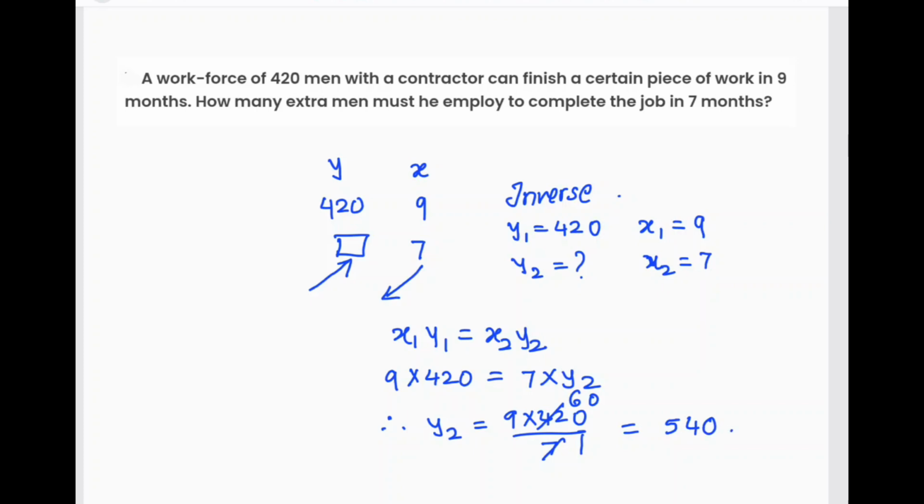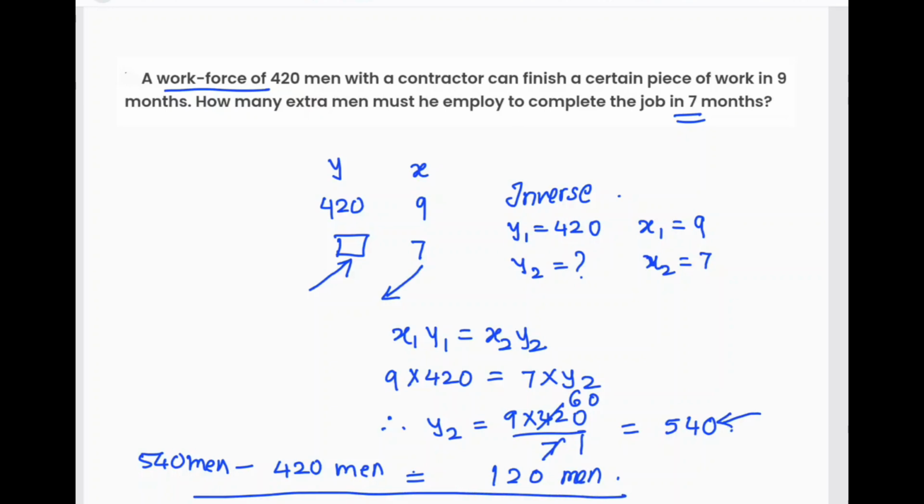540 men are required to complete the work in 7 months. 420 men initially. Then for 7 months we require 540 men. So that is the total number of men required to finish the job in 7 months. So 540 minus 420, that is 120 men more need to be employed to complete the job in 7 months.